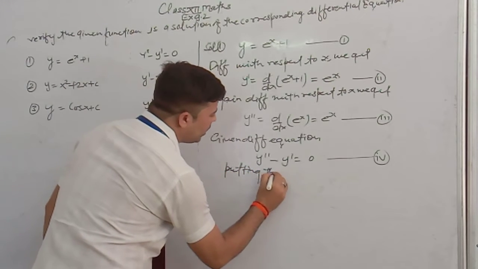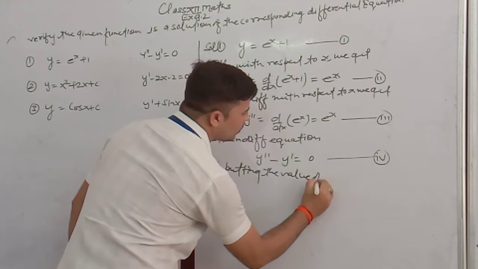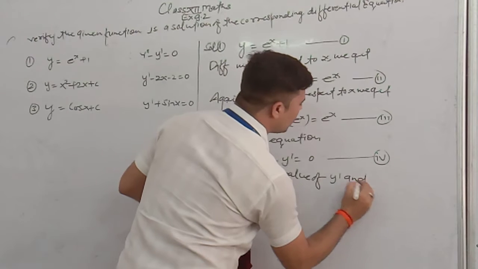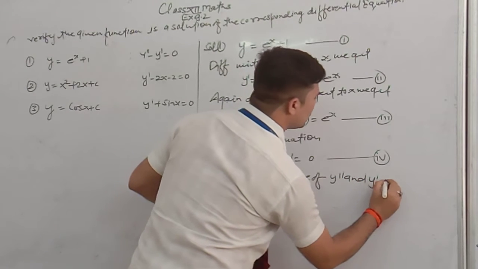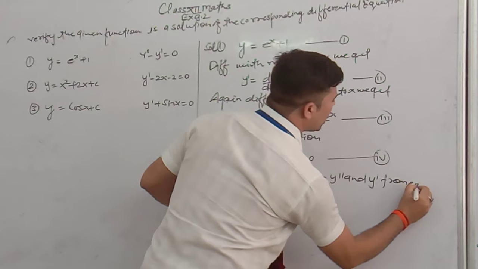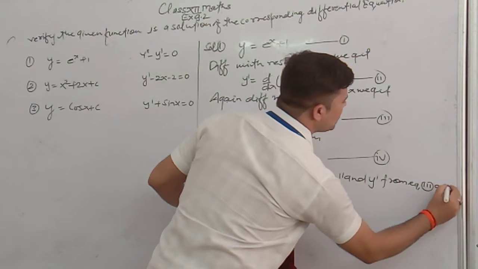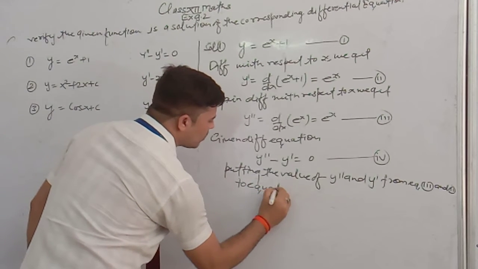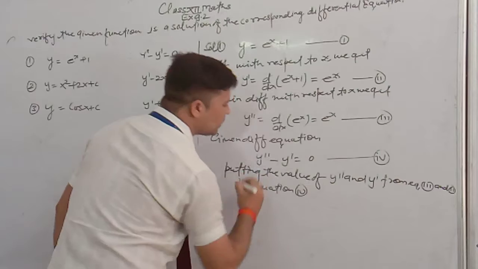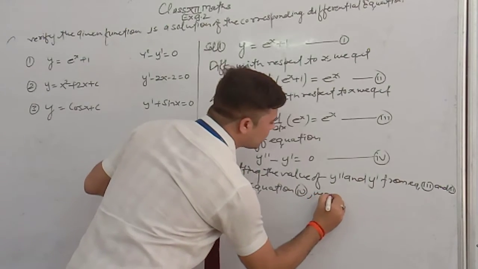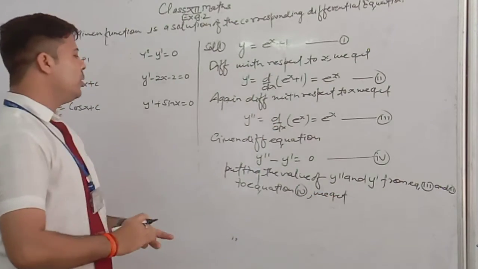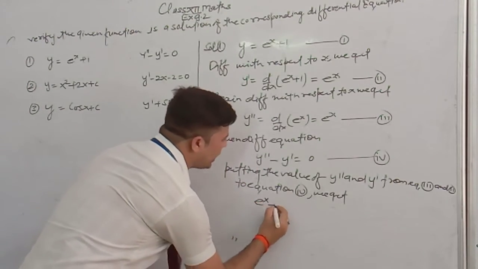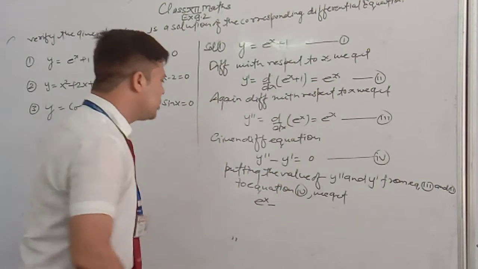Putting the values of y dash and y double dash from equations 3rd and 2nd into equation 4, we get the value of y double dash is e to the power x, and the value of y dash is also e to the power x.